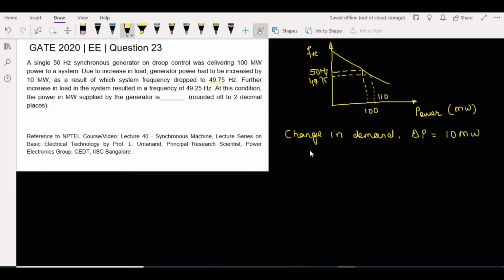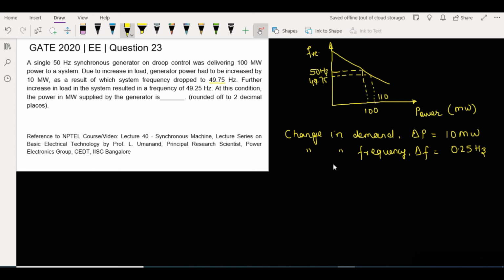And similarly, the change in frequency, of course, due to increase in load, that is del F, will be 50 minus 49.75, that is 0.25 hertz, right up till here. Now we have seen that there is a relationship between the change in frequency, the change in power, and the slope of this characteristic curve.